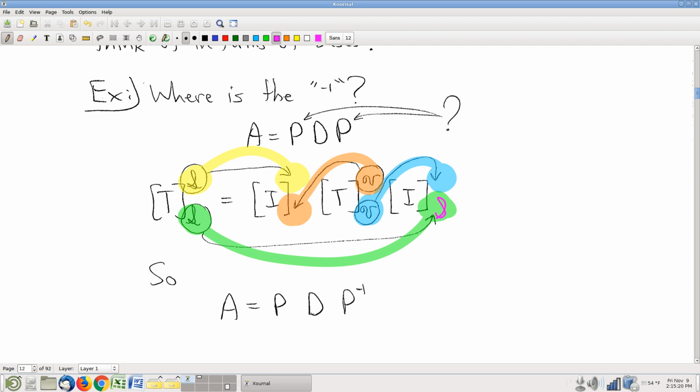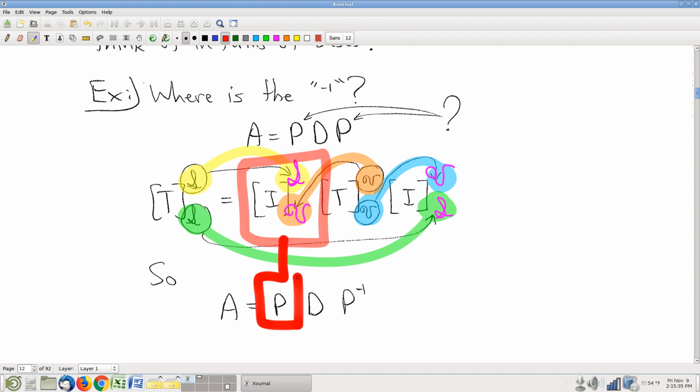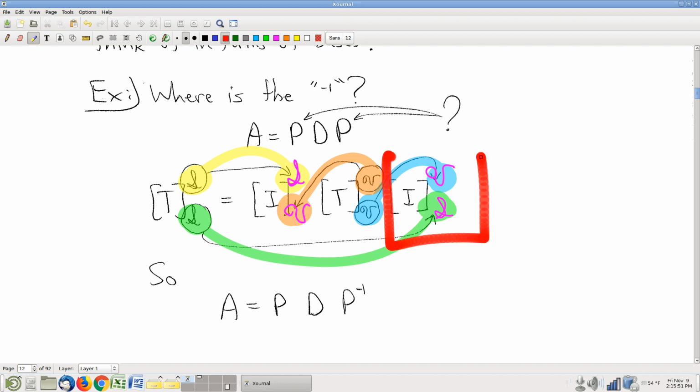This has to be S. This has to be S. That has to be V. That has to be V. And therefore, that one is P. Or, hey, if the change of basis matrix that you're given is given the other way, if it's given as change of basis from S to V, well, there it is.